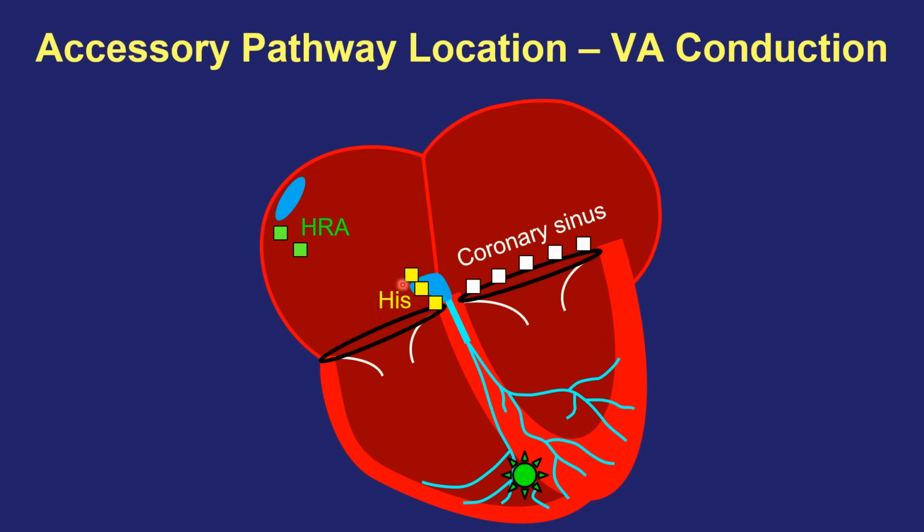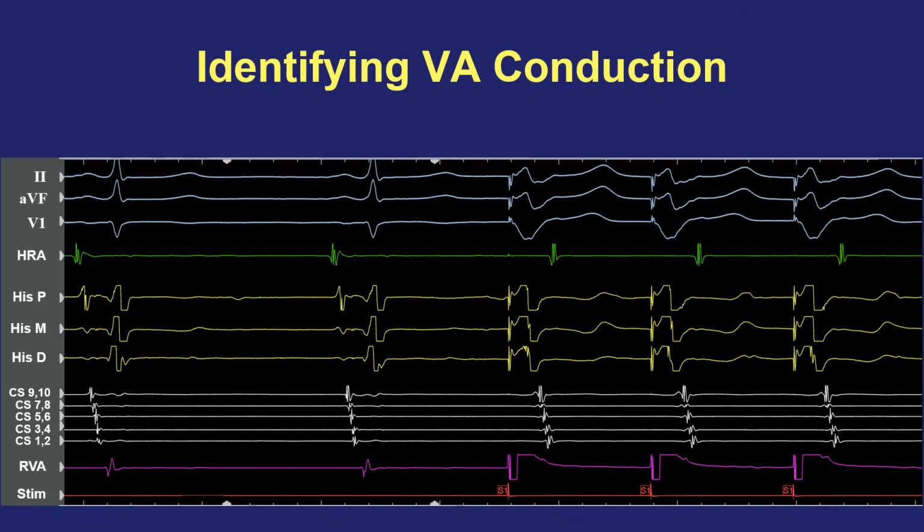And we put, as I showed before, a catheter right in the center of the heart across the tricuspid valve, right near where the His bundle sits, near atrial tissue at the septum and near ventricular tissue at the septum. And now when we pace in the ventricle, we can sample and look at atrial activity in these different catheters and determine what is the earliest spot and what is the sequence of activation, the order of things, and that can help answer this question whether we have a retrogradely conducting concealed accessory pathway.